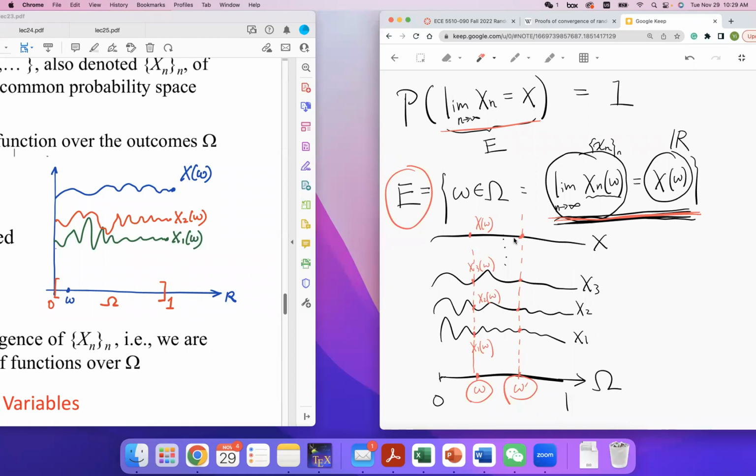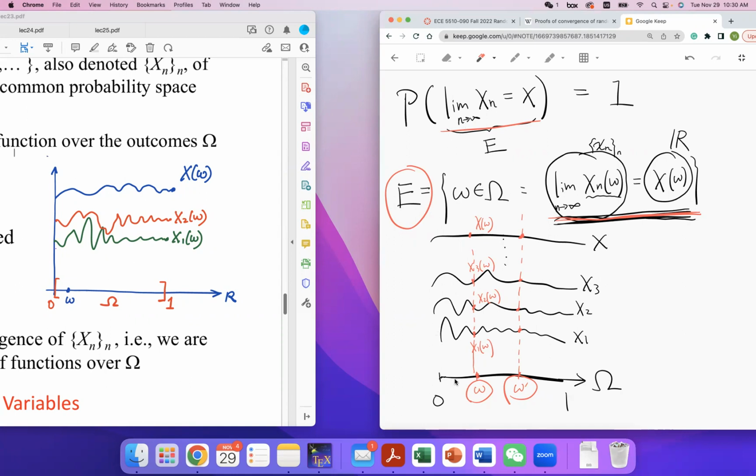So you can see that this convergence is very strong because it requires that the sequence of these random variables converges to the target random variable for almost all the outcomes omega pointwisely. So for every single point omega along this vertical line, this sequence will eventually converge to the realization of the target random variable.